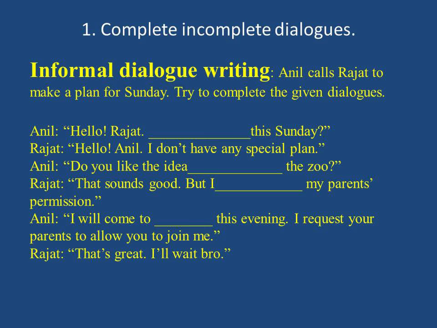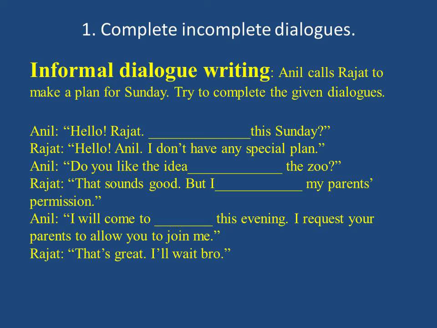The situation is that Anil and Rajat are friends. Anil is making a plan for the upcoming Sunday. Now he has an idea. The idea we get from the given hints. And it is that Anil wants to go to the zoo.